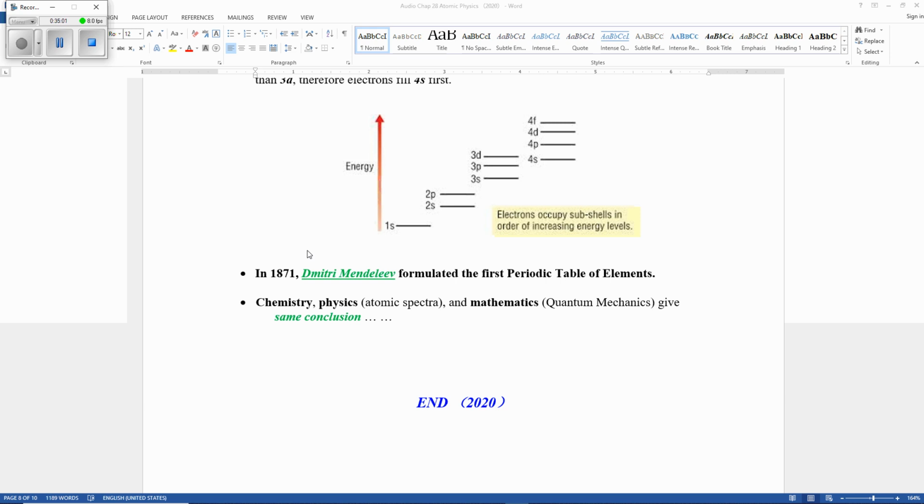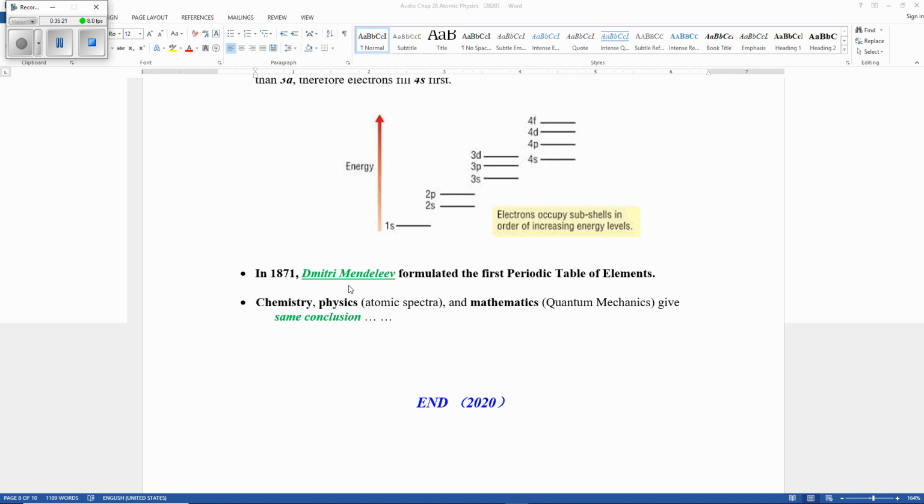The third one is chemistry, since Mendeleev. Mendeleev didn't know the energy shell. There was no such theory. But chemists studied chemical behavior of different energy states.